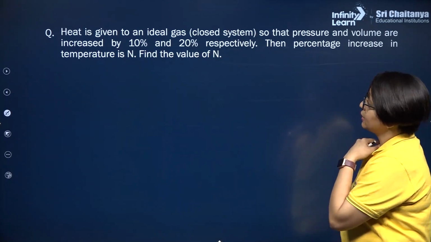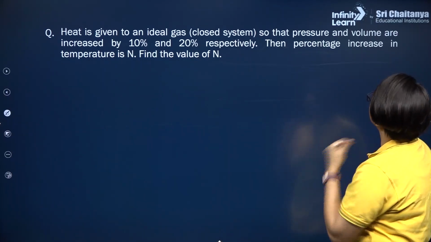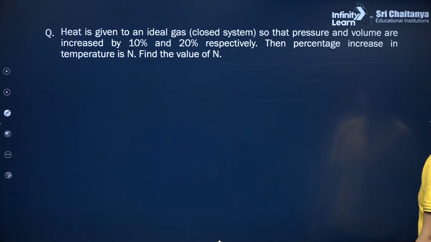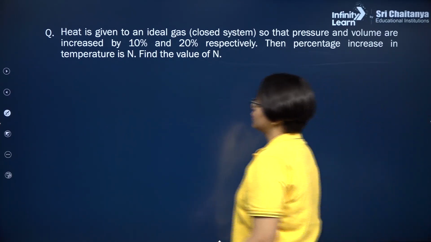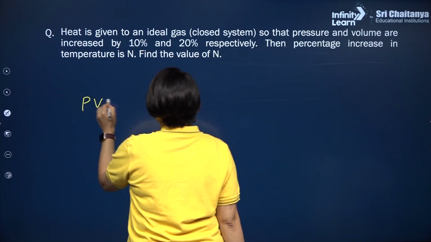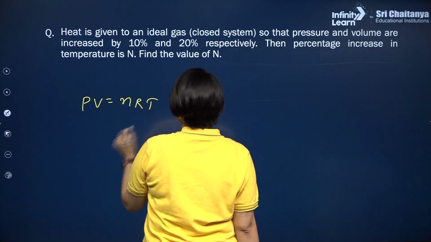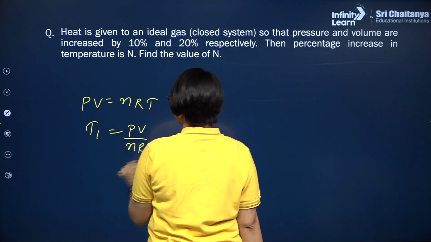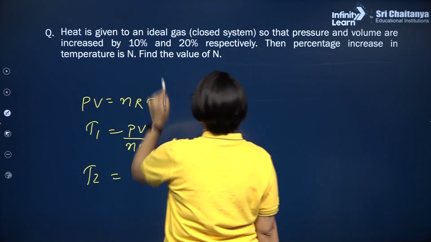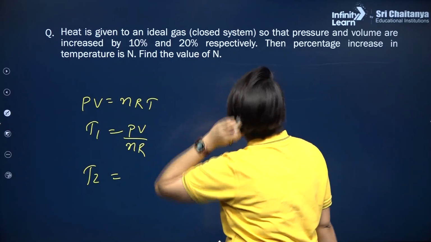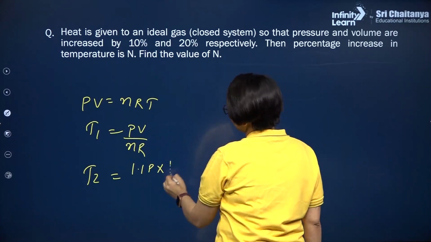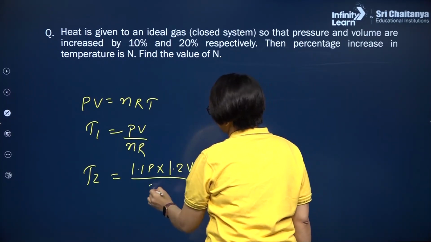Next is: heat is given to an ideal gas so that pressure and volume are increased by 10% and 20% respectively, then the percentage increase in temperature is? So PV equals nRT. Now the initial temperature is PV divided by nR. The final temperature T2 will be, pressure is 10% more, that is 1.1 P, and volume is 20% more, which is 1.2 V, divided by nR.